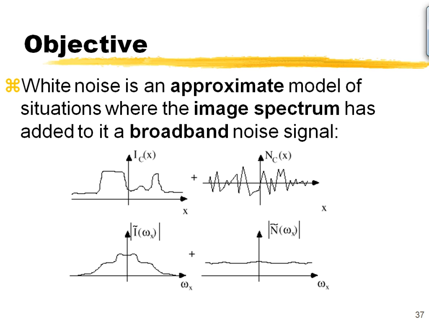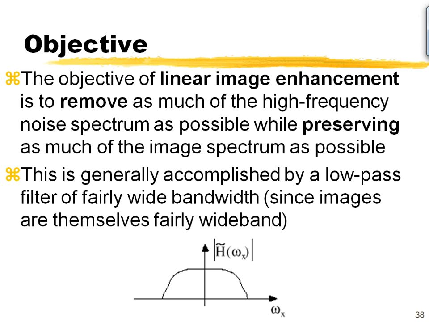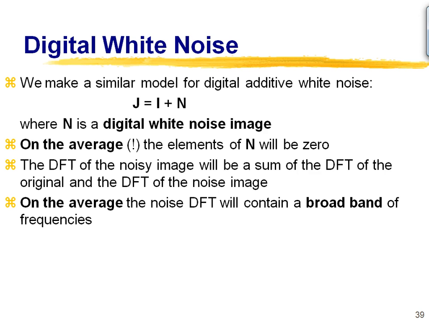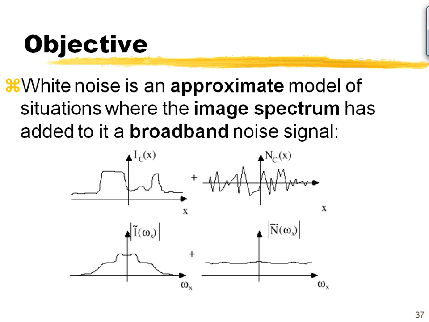Which means that a low-pass filter that I design is invariably going to need a property which is qualitatively along these lines. It needs to remove high frequencies but retain all the low frequencies. So if I design a low-pass filter which has this kind of a shape, what will it do to my image?